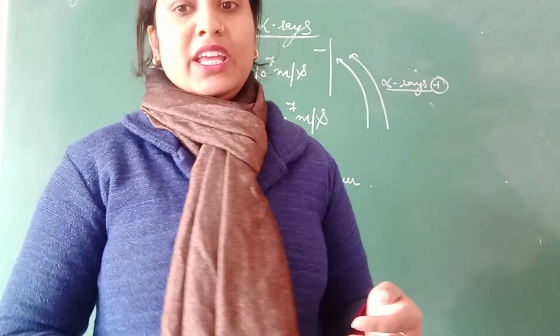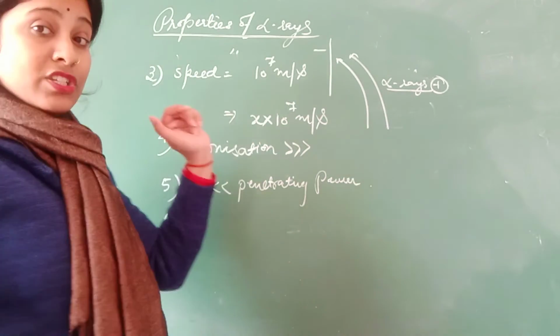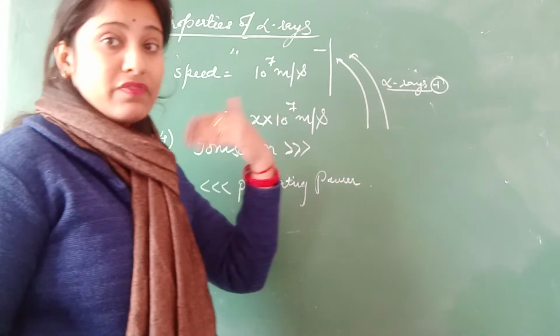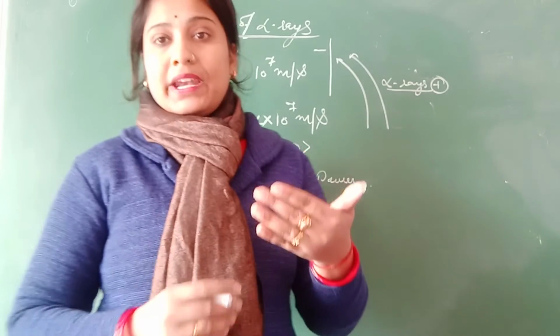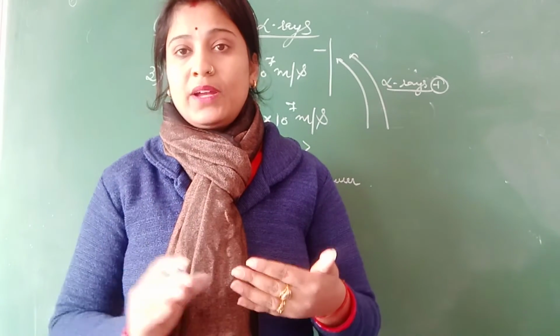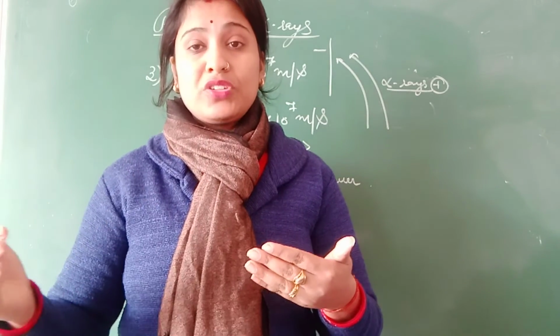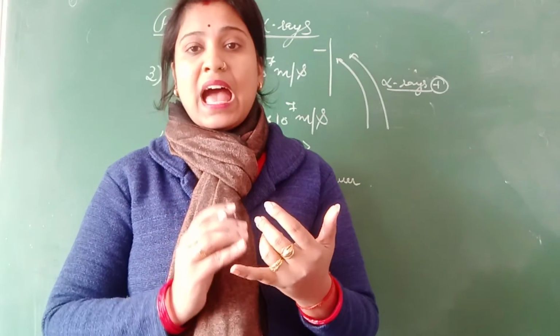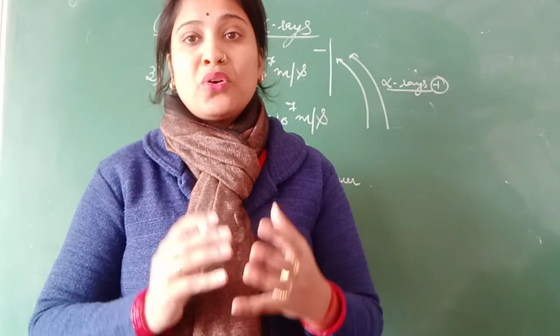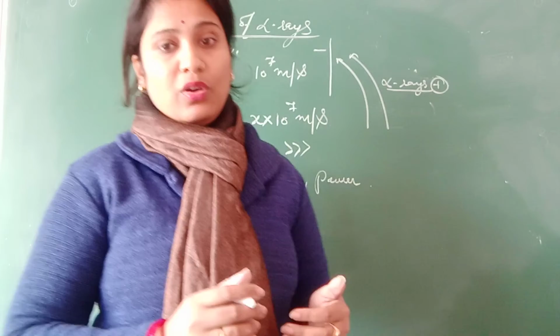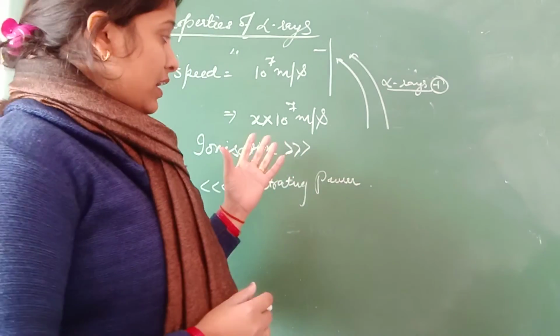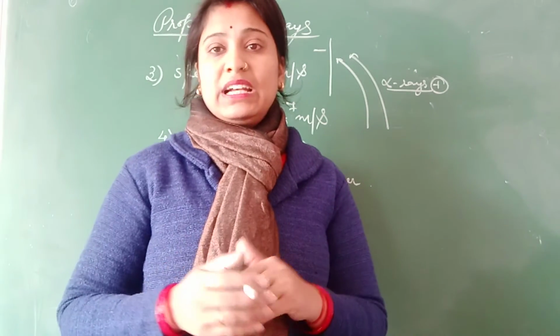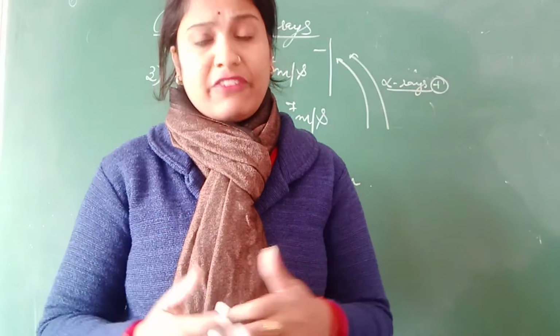Okay. The next property is, since the mass was very large, so we know kinetic energy is half mv square, momentum is mass into velocity. So since the mass is very large, kinetic energy and momentum is also very large. Okay, and the next is regarding the biological damages. Yes, it affects our body.